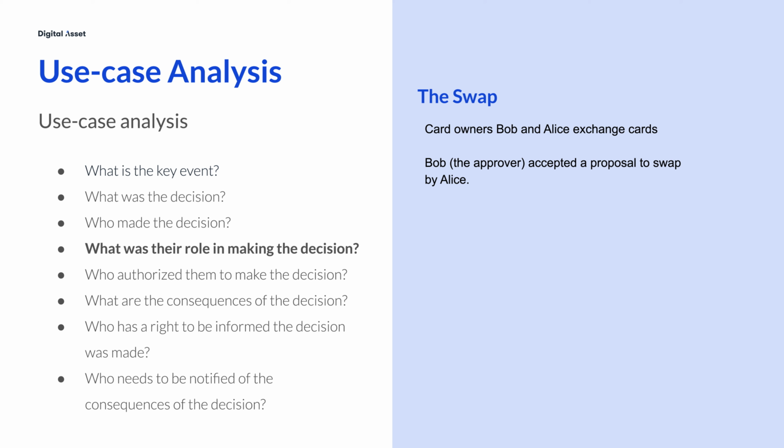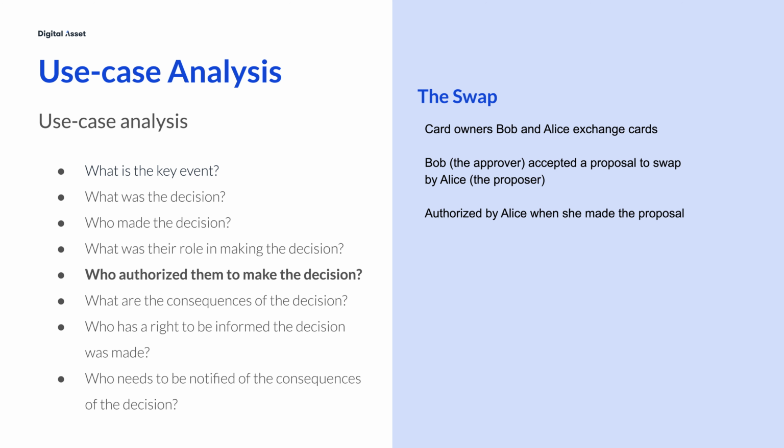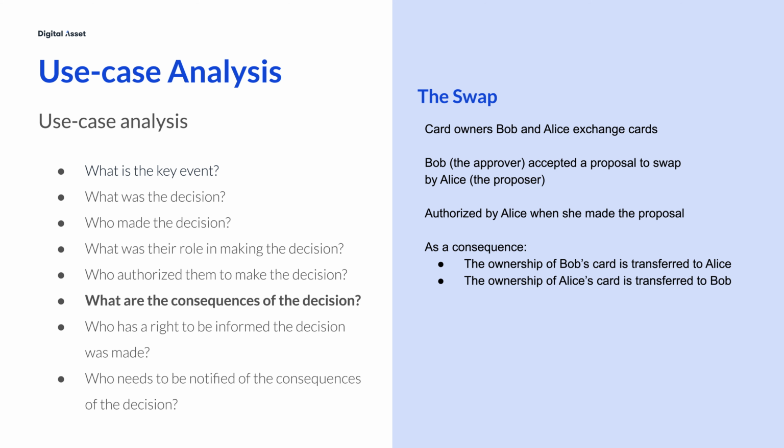So what is important is not that Bob made the decision, but that someone in the role of approver made the decision. And the approver, Bob, was able to make this decision because they had been previously authorized by a proposer, Alice.